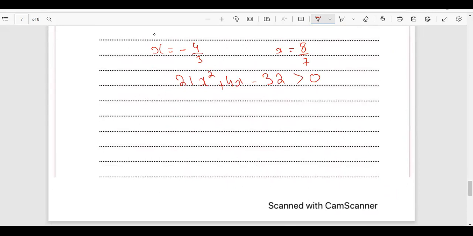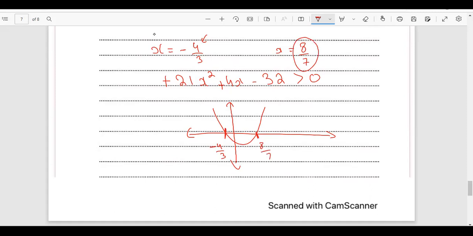This was the equation. Now again, as I've told you, make a rough parabola. So this is the x-axis, this is the y-axis, the coefficient of x squared is positive, and I do see one root is negative, so it would be something of this type, just a rough diagram. This is minus 4 by 3 and this is 8 by 7.